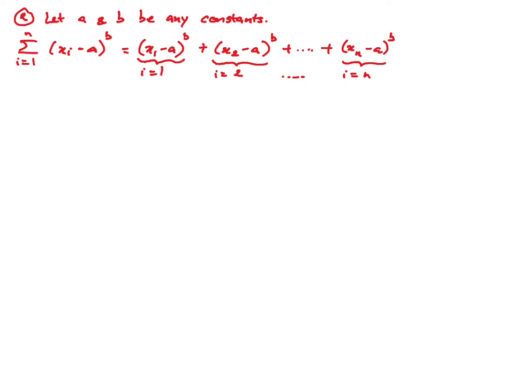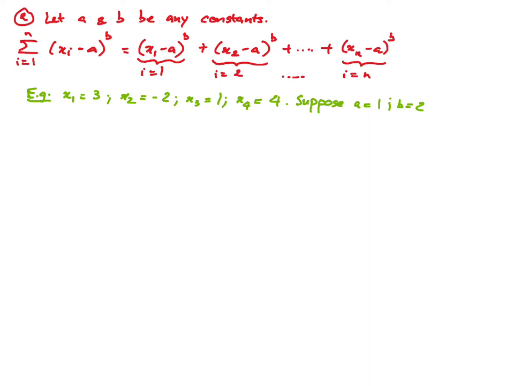So let's look at an example. Suppose I have x1 equals 3, x2 equals -2, x3 equals 1, and x4 equals 4. And then suppose I have two constants, a equals 1 and b equals 2.